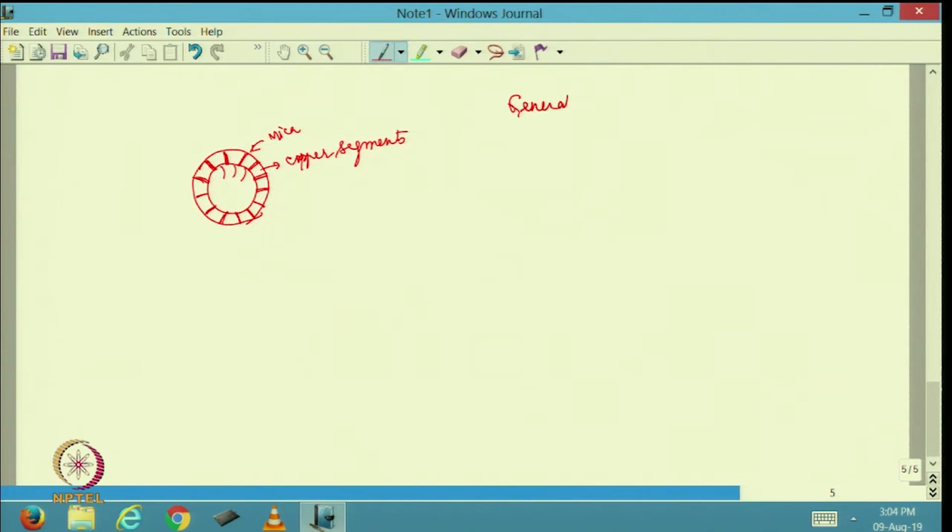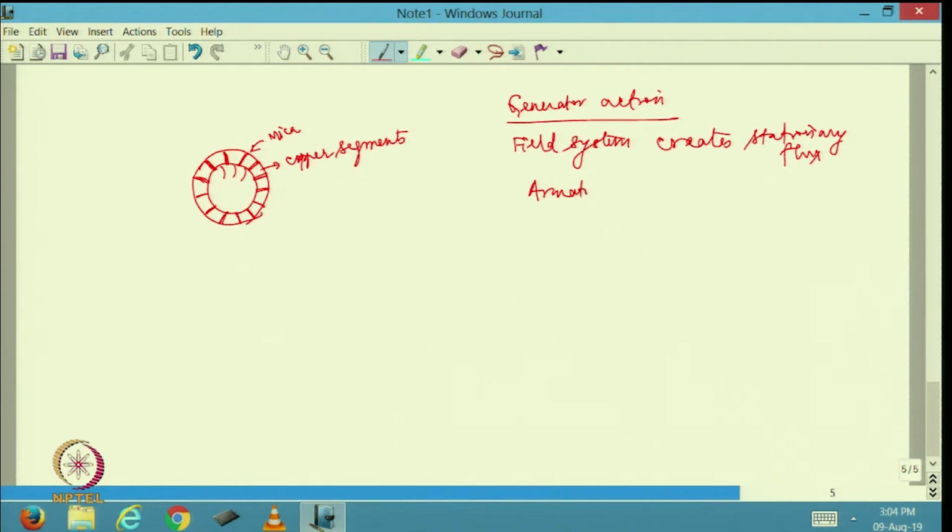So, just to repeat, the generator action works as follows. The field system creates flux. So, it creates stationary flux, right. Now, I am going to have the armature conductors rotated by the prime mover.